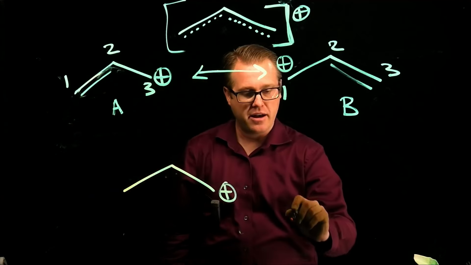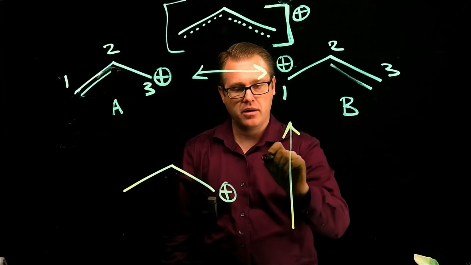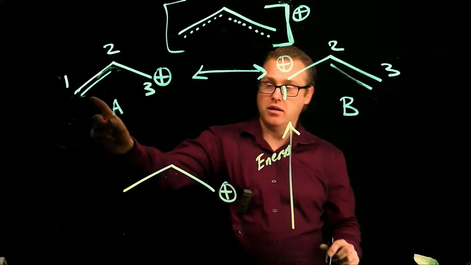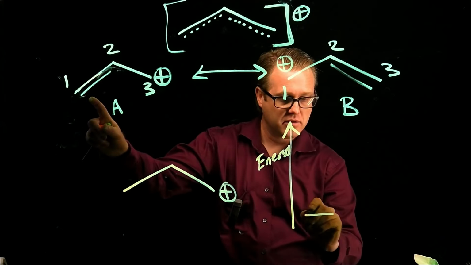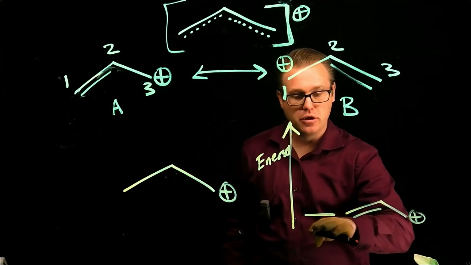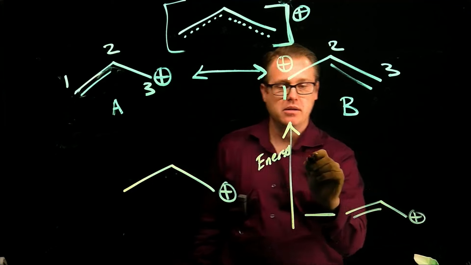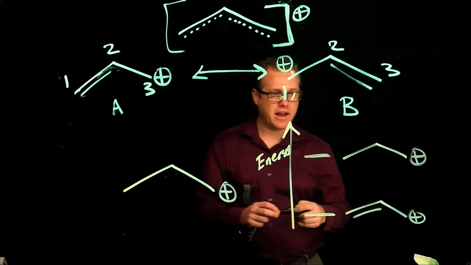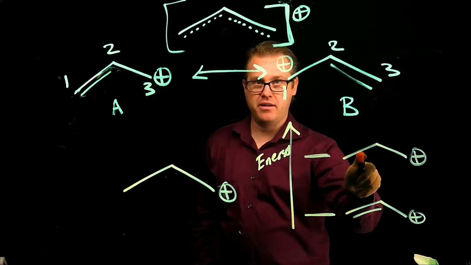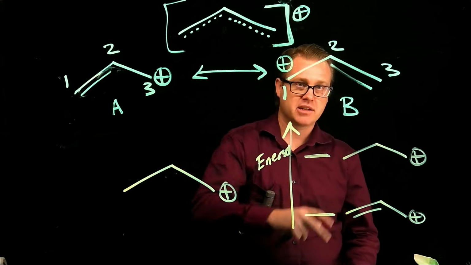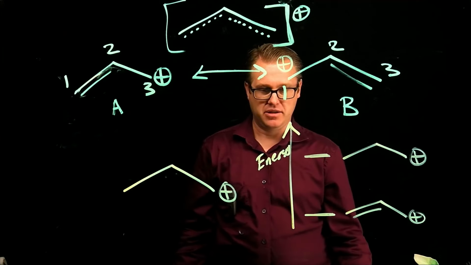So if we drew an energy diagram right here, we would find the allyl molecule lower in energy, versus the primary cation is going to be higher in energy. And so this stabilization right here is called resonance stabilization.